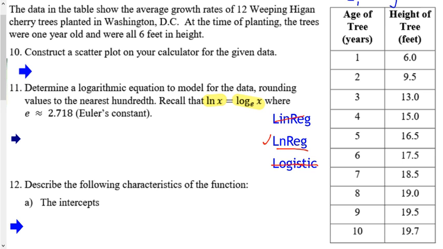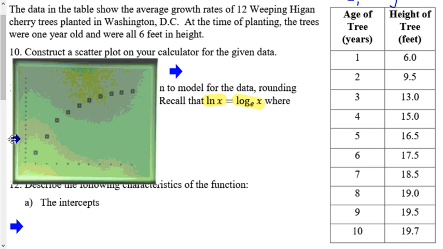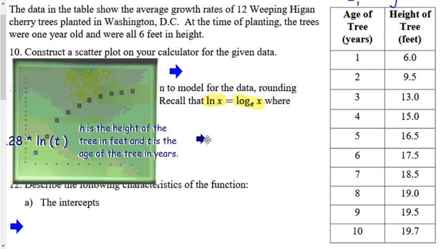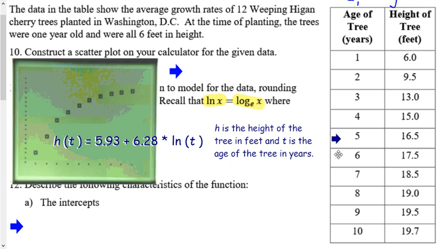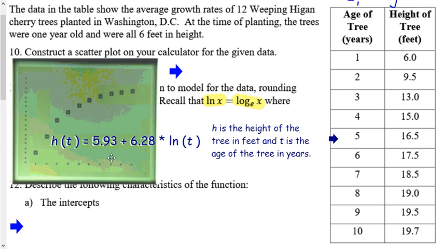Here's my scatter plot, and when I do that logarithmic regression, here's what I'm getting, and I chose to write height as a function of time. If you wrote a y here, that's perfectly fine, and that's what your calculator will have used. And what I'm getting, rounding values to the nearest hundredth, is 5.95 plus 6.28 times, so that's what that asterisk means, that's being multiplied to the natural logarithm of t.